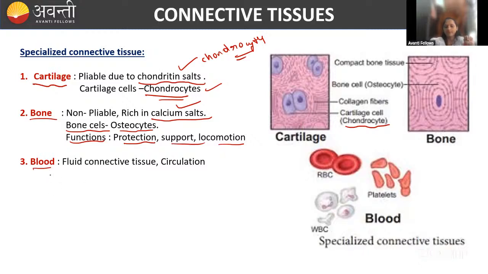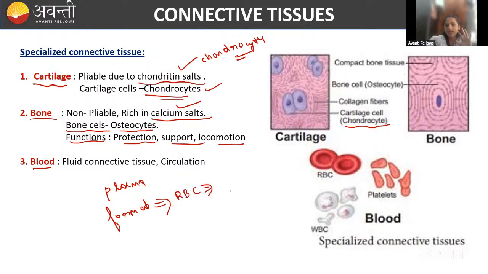Then coming to the blood. Blood is nothing but a fluid connective tissue, right? Blood mainly consists of plasma and the formed elements. I think you study this in detail in circulation. You know what the formed elements are, right, guys?